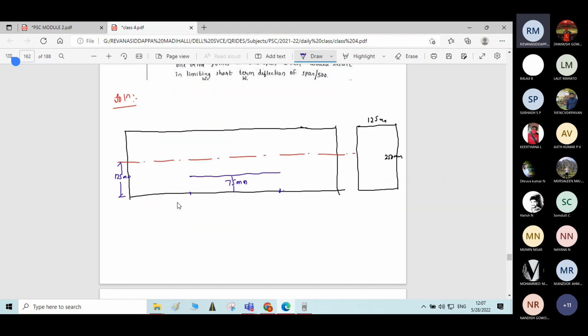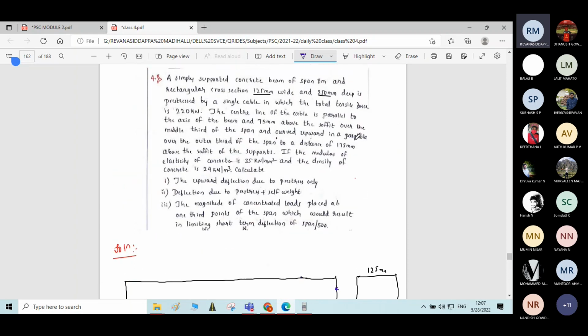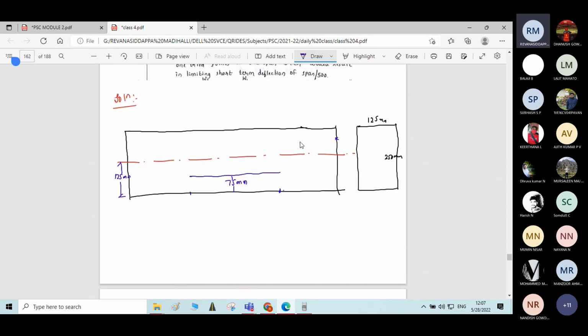So if you measure 175 from the soffit, it will go above the centroidal axis. The centroidal axis is at a distance of 125, so up to here it will go. So he says that it is curved upward in a parabola like this.